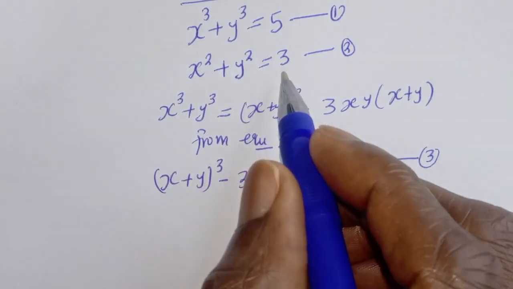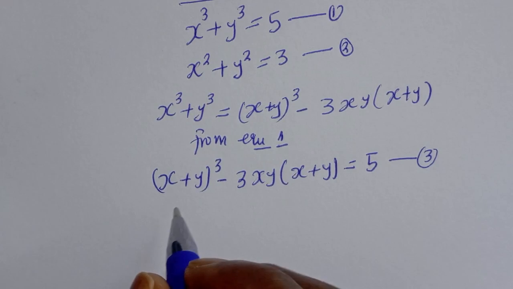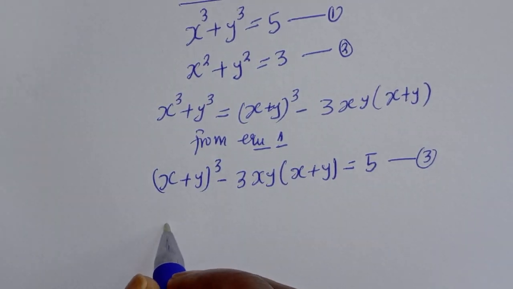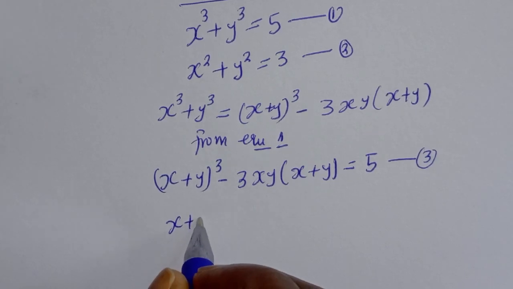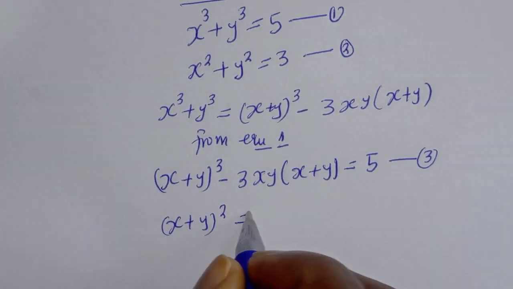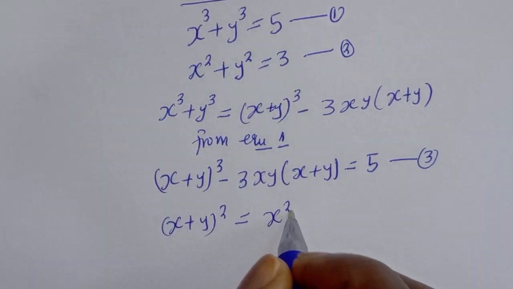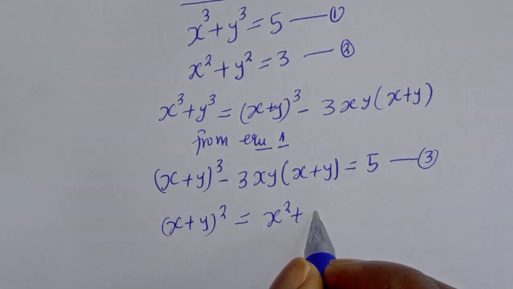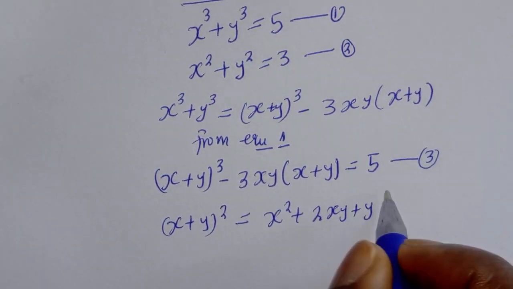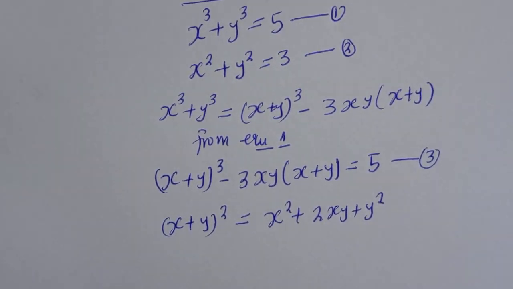Also from this equation 2, we know that if you have (x plus y) square, this is equal to x square plus 2xy plus y square.